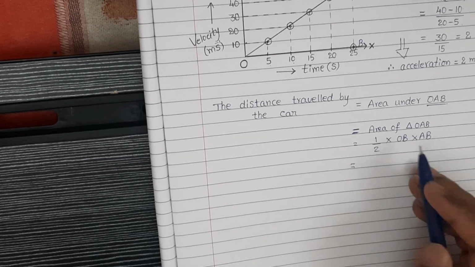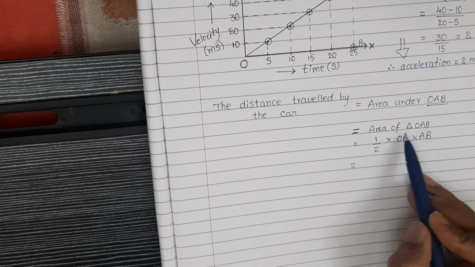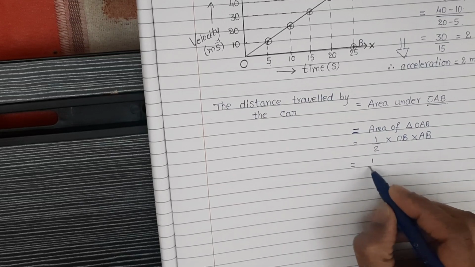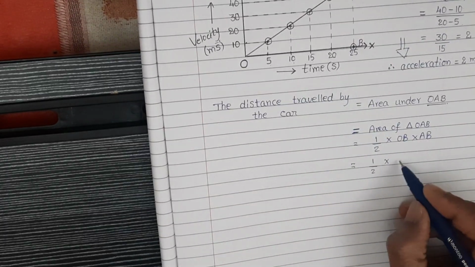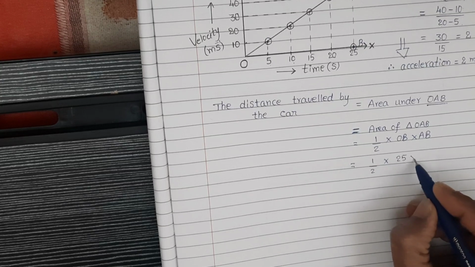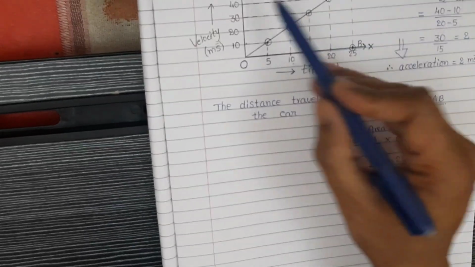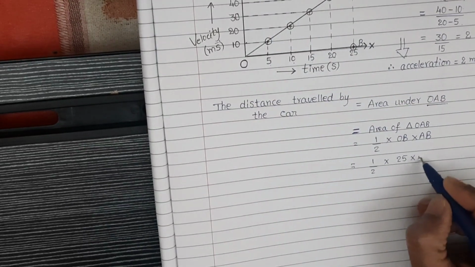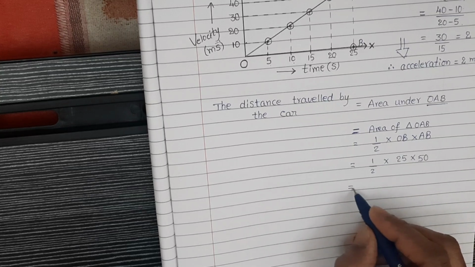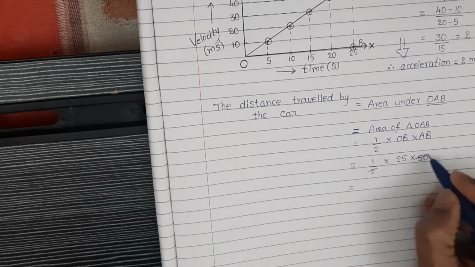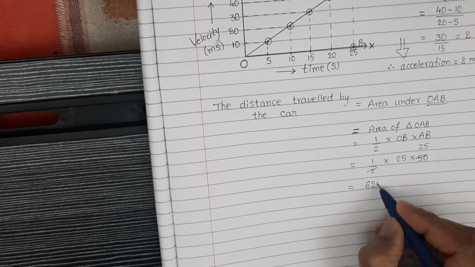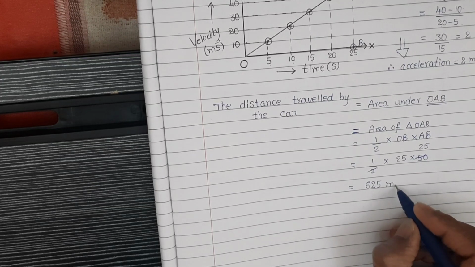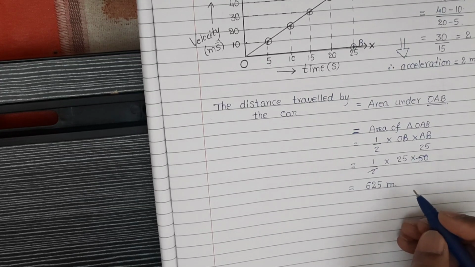We all know that the area of the triangle is half base times height. Half into base OB, which is 25 seconds, and height AB, which is 50 meter per second. If you simplify this, we will get 625 meter as the answer.